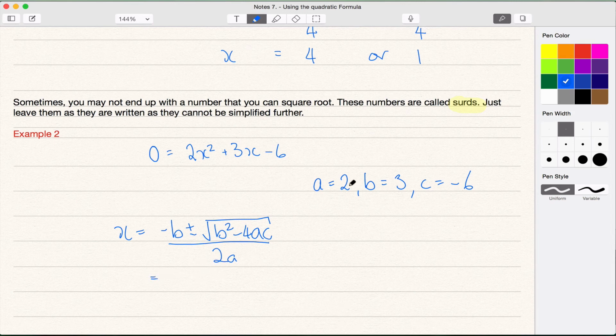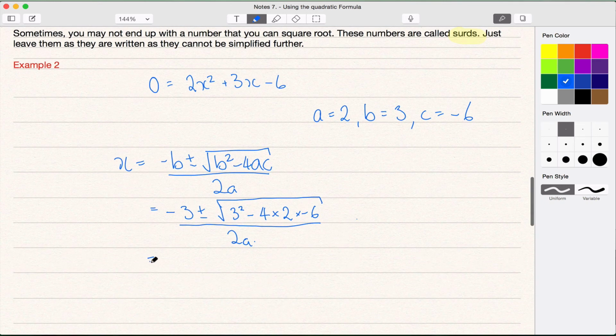Third step is to substitute the values in. Negative 3 plus or minus square root of 3 squared minus 4 times 2 times negative 6 over 2a. Negative 3 plus or minus 3 squared is 9.